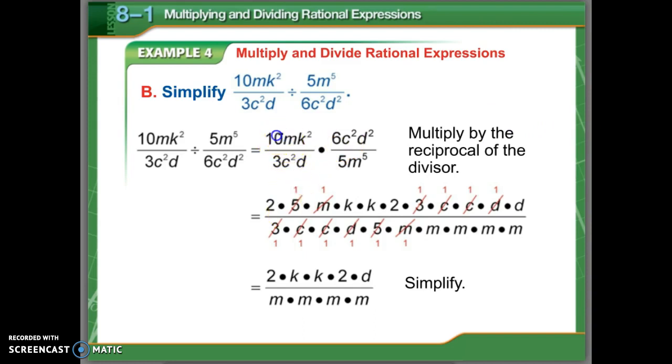If I cancel these, I see 10 over 5. 10 over 5 is 2. 6 divided by 3, that's another 2. Let's see, I've got m to the first over m to the fifth. That means there's 4 powers of m on the bottom.